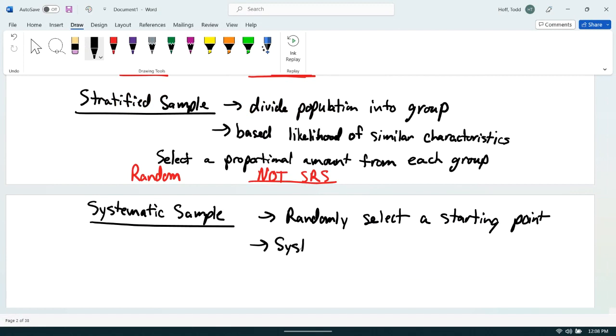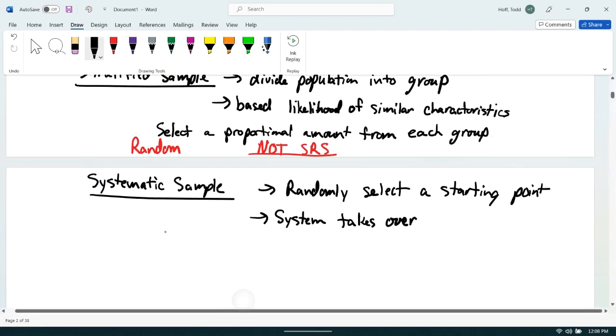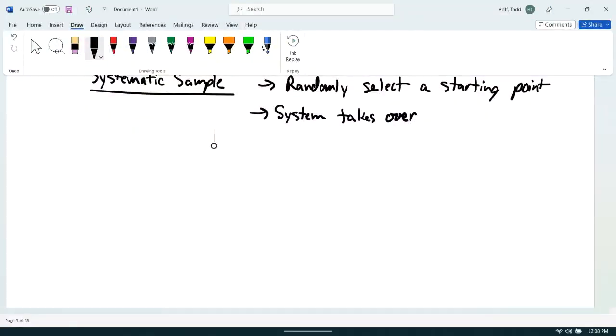So the example here might be in manufacturing. Let's say we need to test 1 out of every 40 parts produced. So we're going to randomly select a number 1 to 40. And let's say that that ends up being 29.